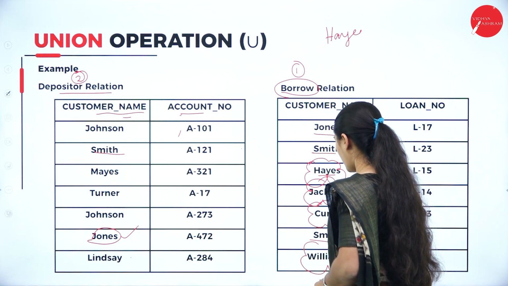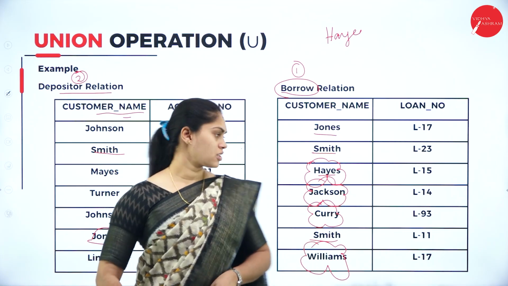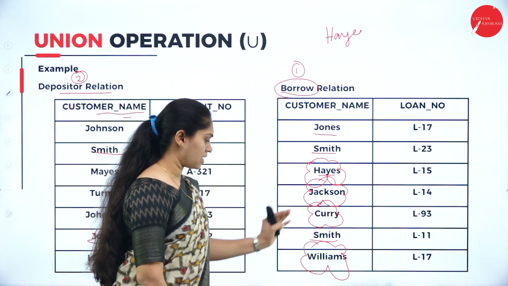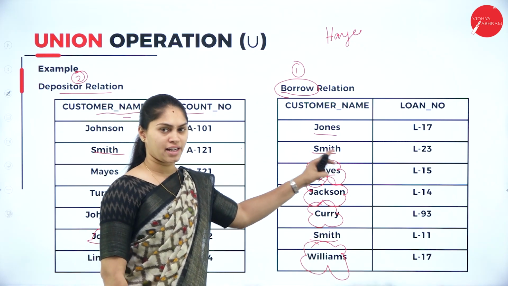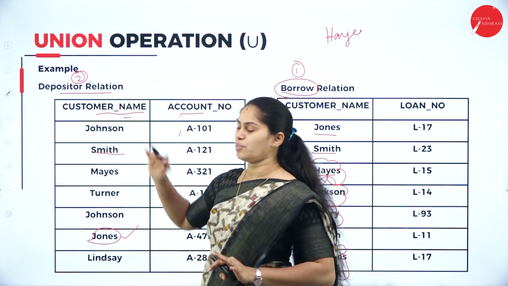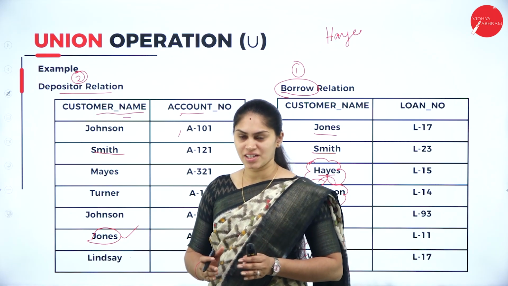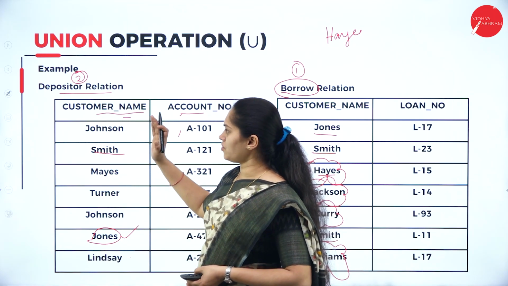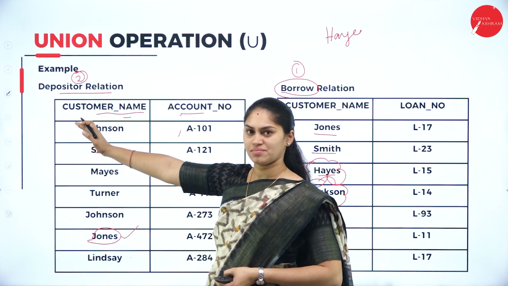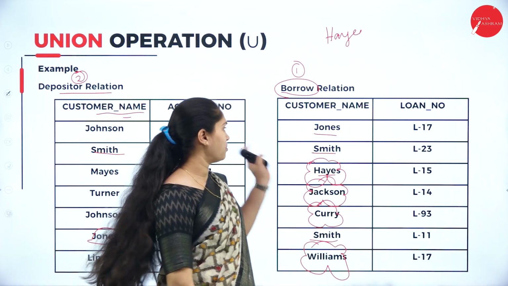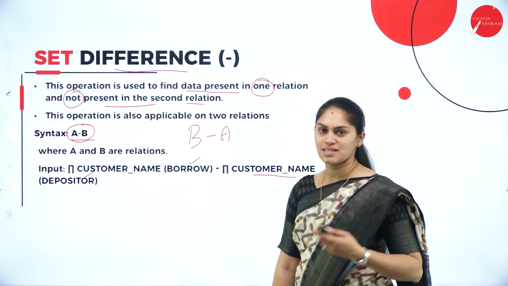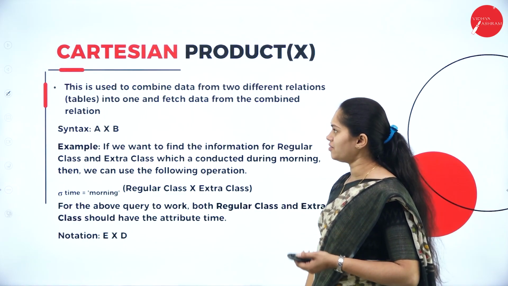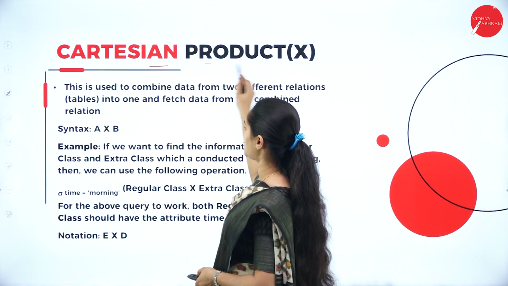So we are going to get four values called Hayes, Jackson, Curry and Williams. So these are the names which are present in the borrow relation but not in the depositor relation. If we interchange this, that means the customer name is there in the depositor table which is not there in the borrow table, then you can expect another resultant. This is regarding set difference. We'll see the next one, that is Cartesian product.